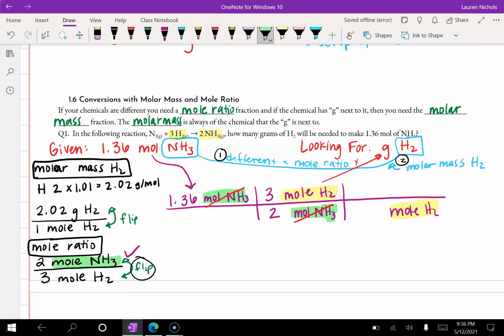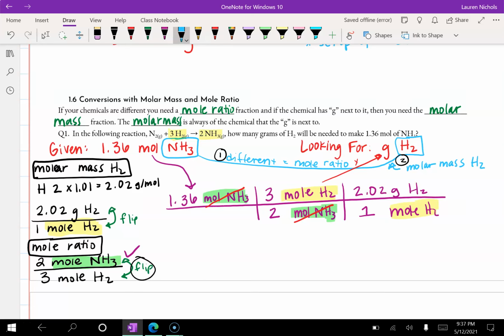I see mole of hydrogen in the mole ratio, but I've already used that. I can't use it again. The only other place I see it is in my molar mass, which is good because that's the fraction that I haven't used yet. And it's already at the bottom, which is convenient. So I put 1 mole at the bottom and my 2.02 grams of hydrogen at the top.